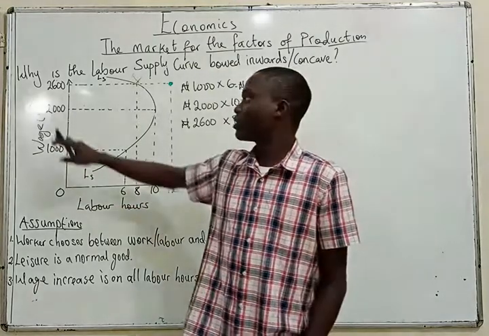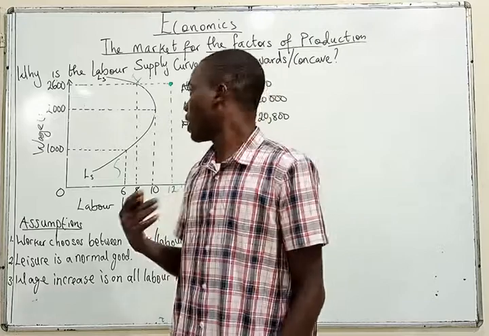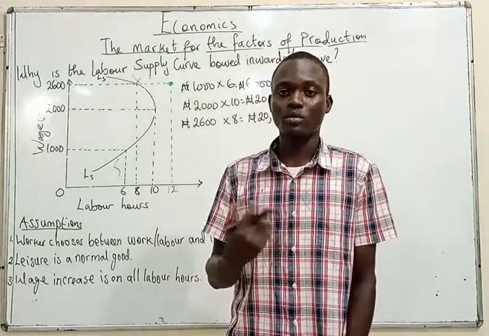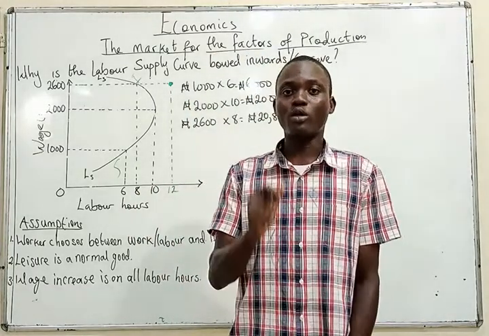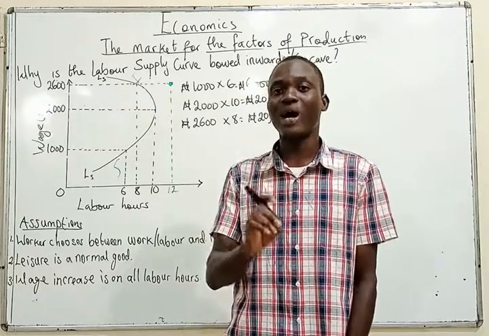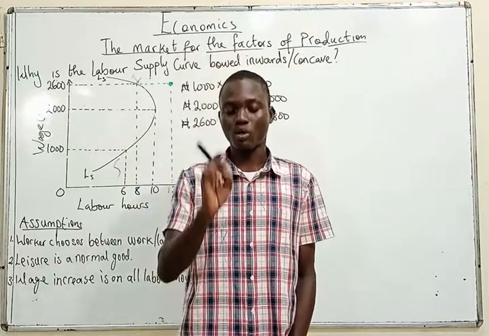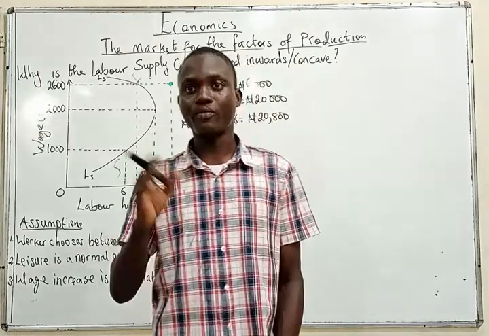Betty probably has gotten used to 2,000 naira. She wants more. Now this is what we're going to do. We are going to increase the wage rate, but only if you decide to work for at least 12 hours. That is, we need 12 hours of your day. That's kind of half a day.